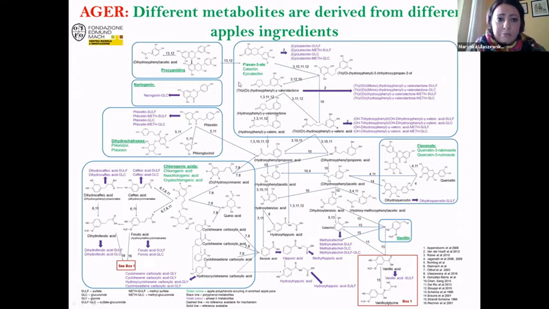You see that in these blue boxes, I was trying to keep together the compounds that were structurally similar, but there are many of them that are in the middle, out of any box. And those are the ones where the impact of the microbiota is very important, and the interaction between the host metabolism, the microbiota and the food, they all together play an important role in their production.